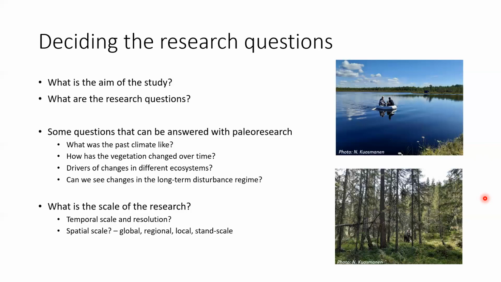For a regional record, you can use lake sediments, and then you can go for small forest hollows for local stand scale. So deciding the research question is the most important step, because that will define the whole research afterwards.